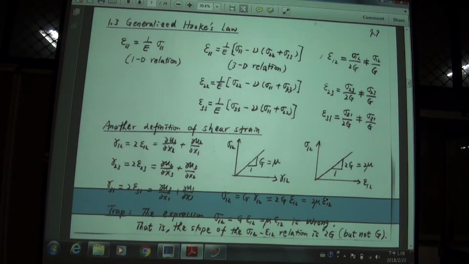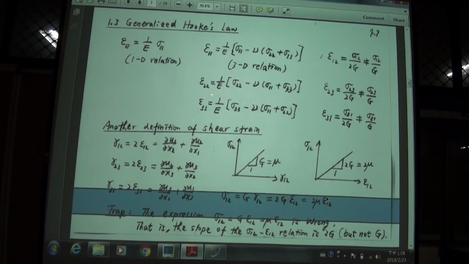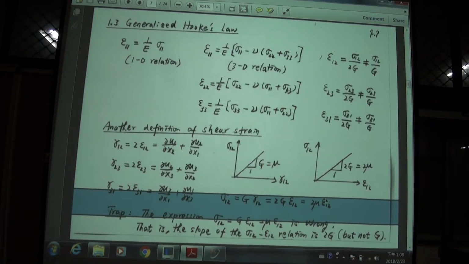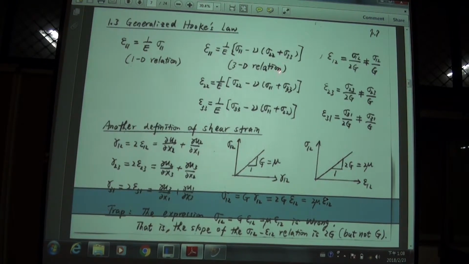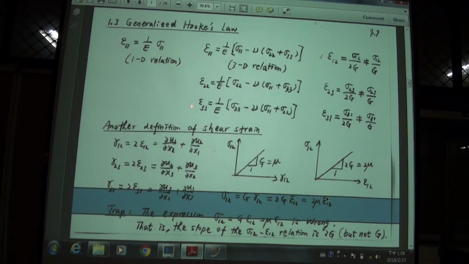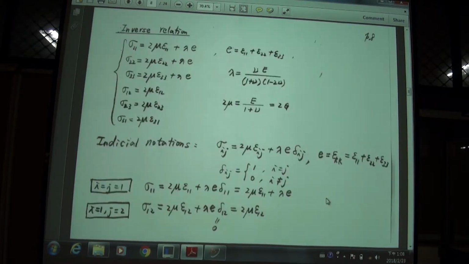Here, in this 3-dimensional Hooke's law, we compute the strain from the stress. How about we compute the stress from the strain? That means we get the inverse relation. We have the stress and we compute the strain, but inversely, we can compute the stress from the strain, like this. This is the inverse relation.